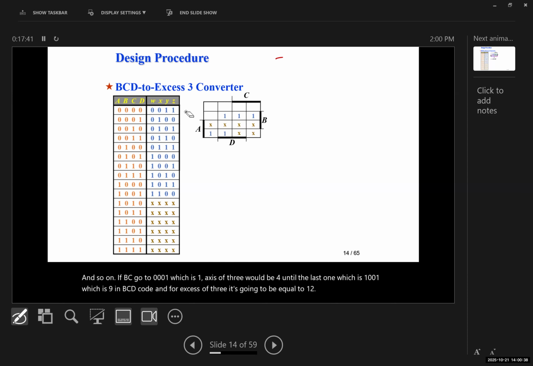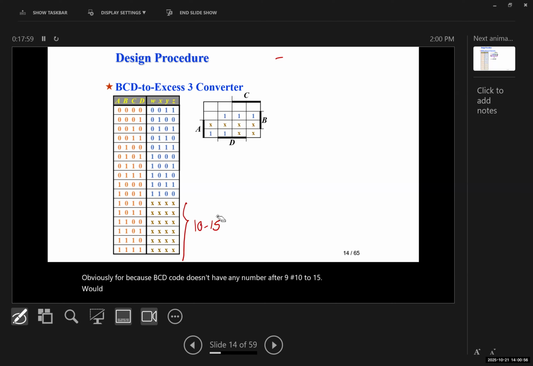Now, first, what we want to do is create a K-map, and that K-map would have 4 variables. Obviously, because BCD code doesn't have any number after 9, numbers 10 to 15 would be our don't cares.